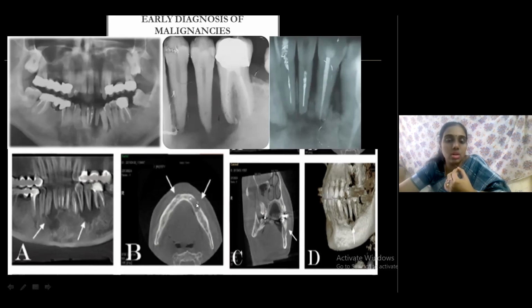You could see the pattern of bone destruction, and also whether there is any expansion. With the pattern of bone destruction, you can decide whether the borders are ragged or smooth, and whether the cortex is continuous or there is perforation. With these things, you can decide whether it is a malignancy or a benign lesion.